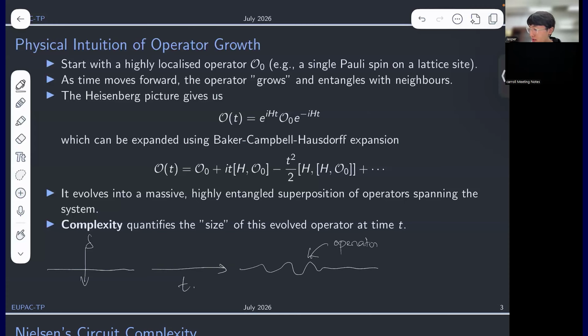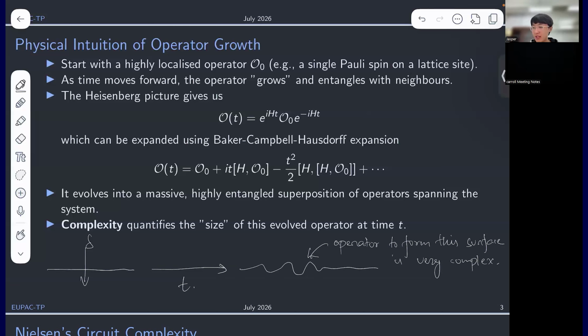The operator to form this surface is very complex now. So this is what we mean by operator growth. The operator grows from a very simple operator to a very complex operator as we move along in time.